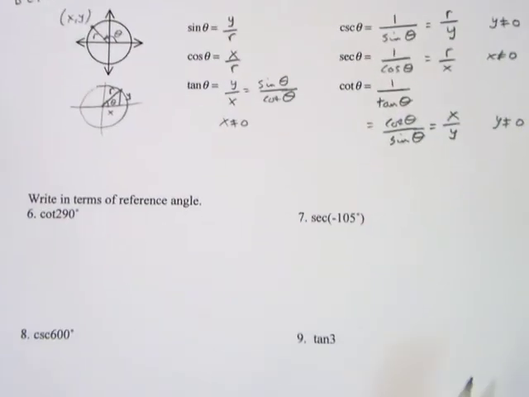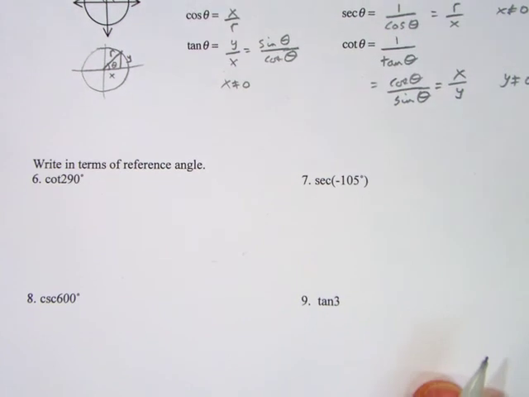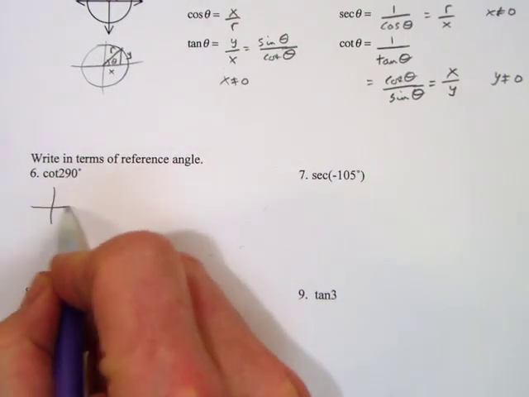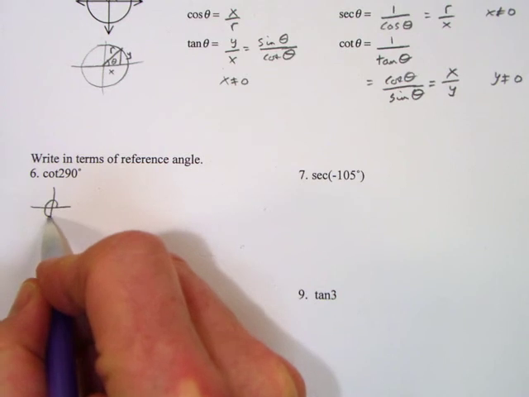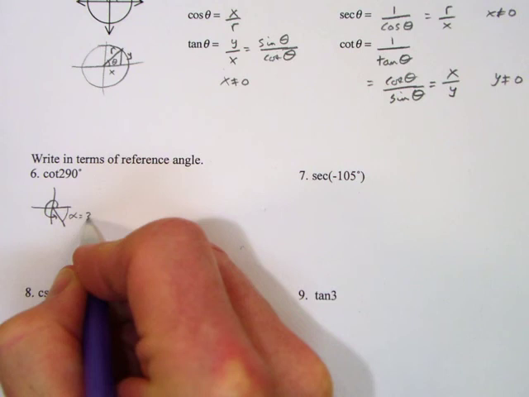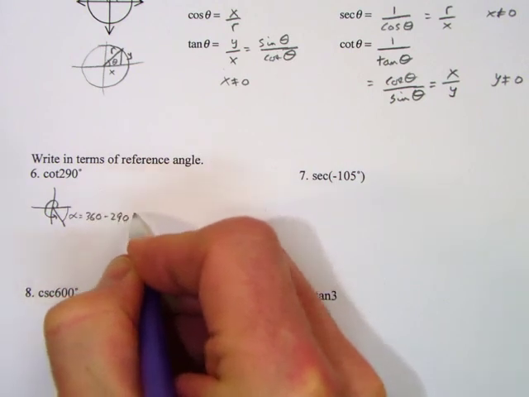At this point, we're going to just apply these same ideas that we know to these new trig functions. 290 degrees. We're going to go around. We go past 270. We find our reference angle, 360 minus 290, and that gives us 70 degrees.